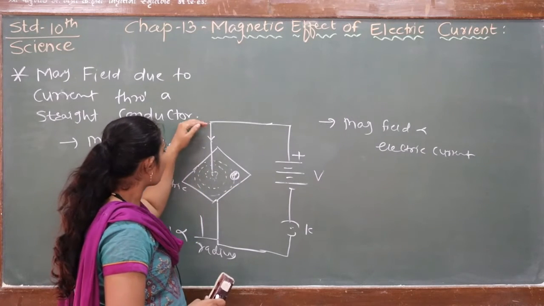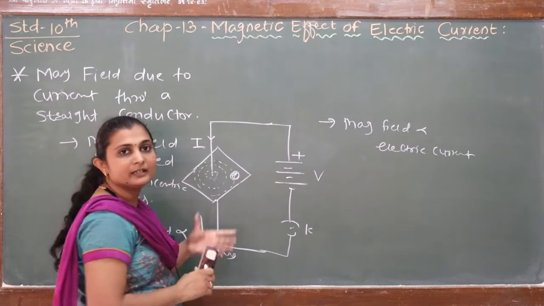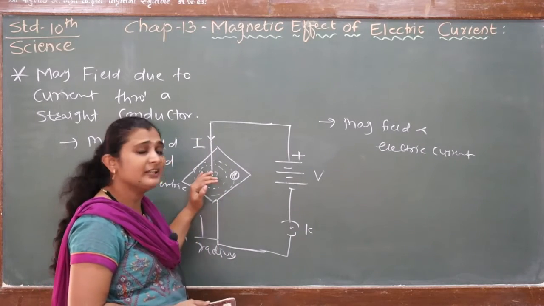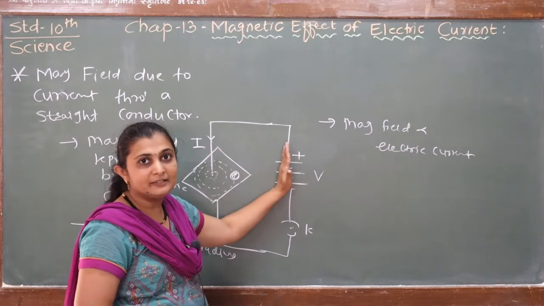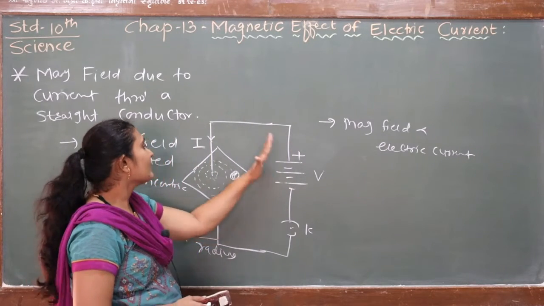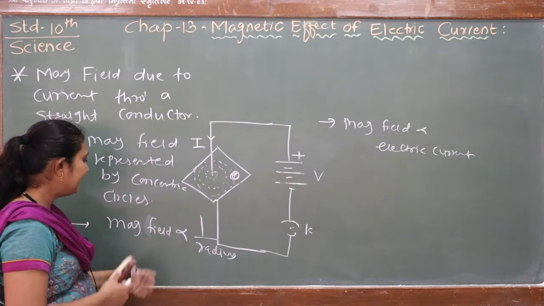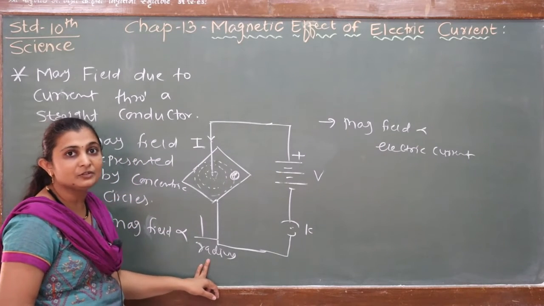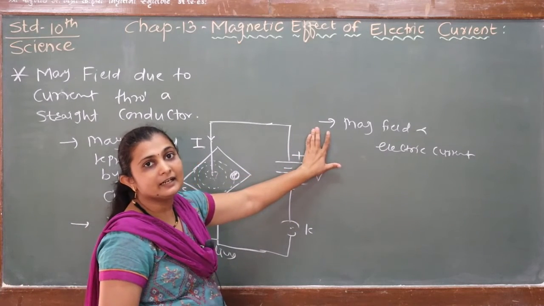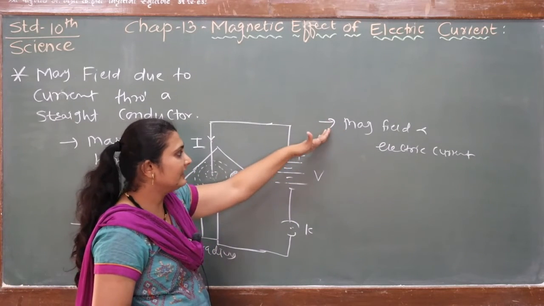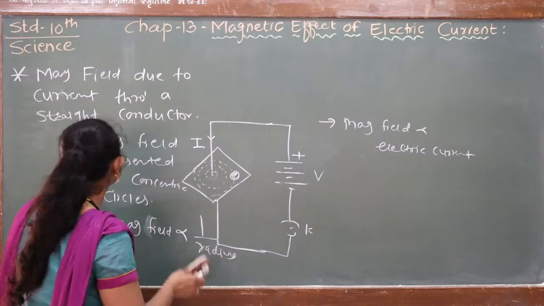If current is flowing through this conductor, then these iron filings arrange themselves in concentric circles. When you move away from it, magnetic field decreases. When you move near to it, magnetic field increases. Means what we have to write? Magnetic field is inversely proportional to radius, and directly proportional to electric current. Current increases, magnetic field increases. Current decreases, magnetic field also decreases.